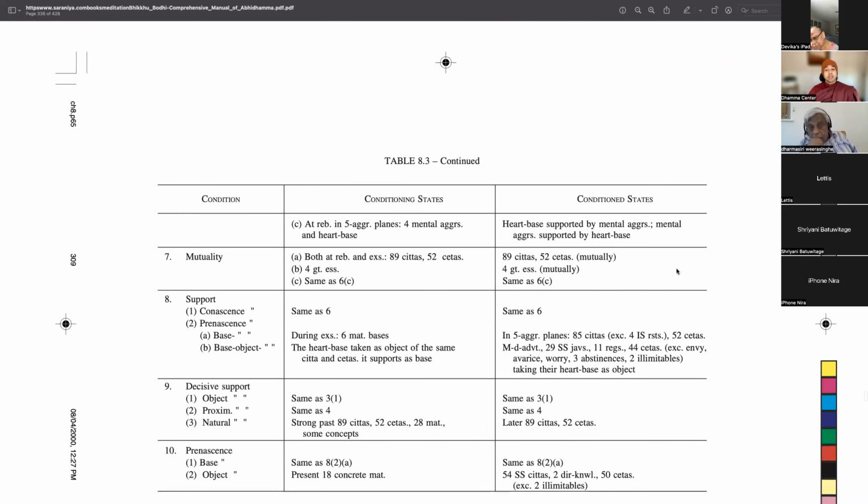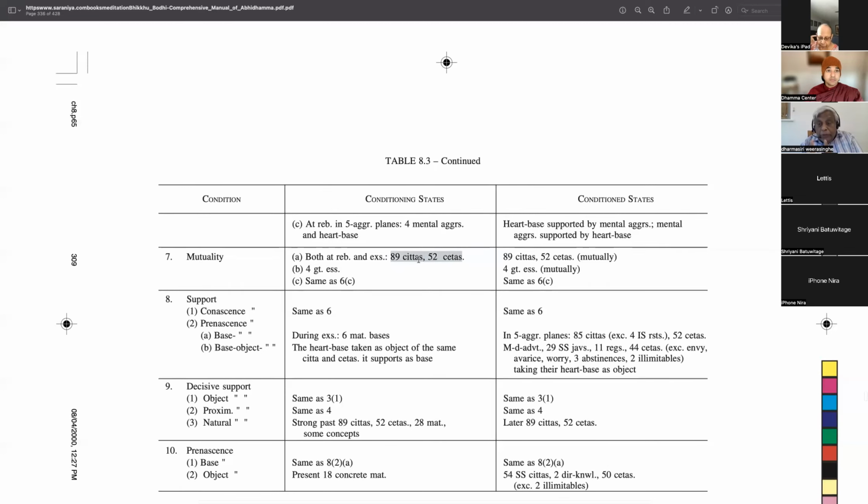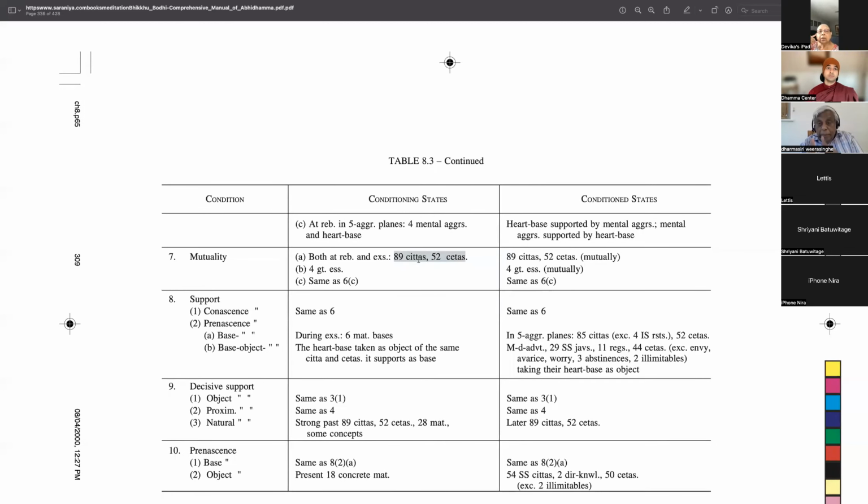Can I make it a little bit simpler, Damsiri? Just one comment: the mutuality can be misleading. Mutuality is not between individual dhammas; this is between groups of dhammas.